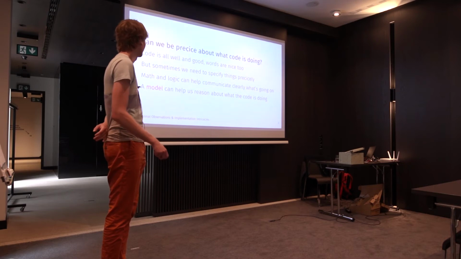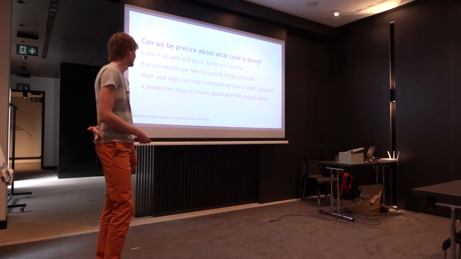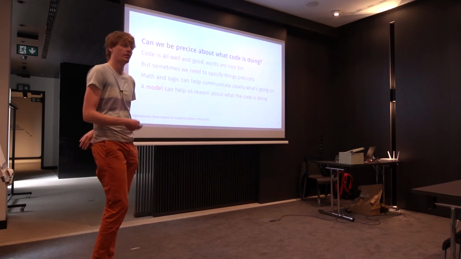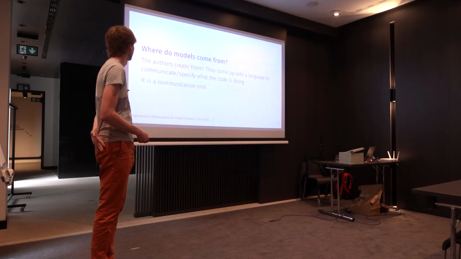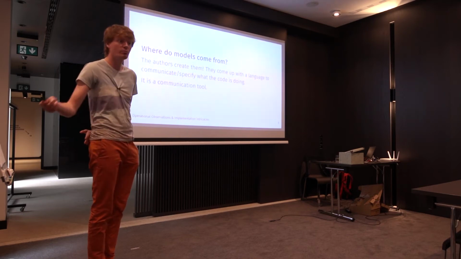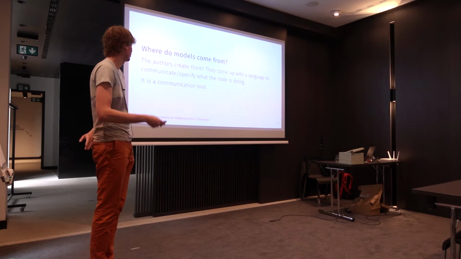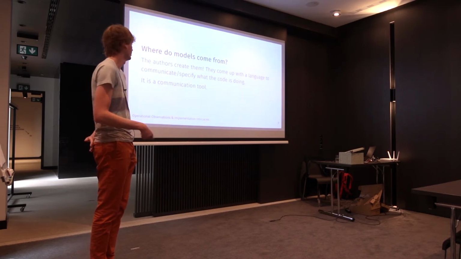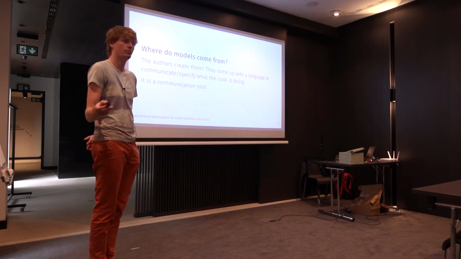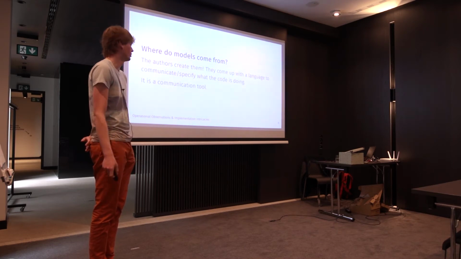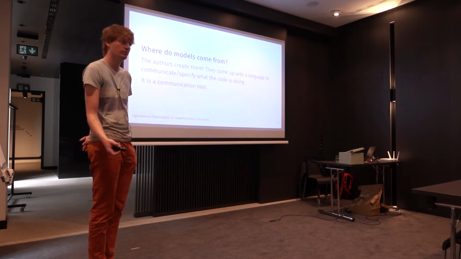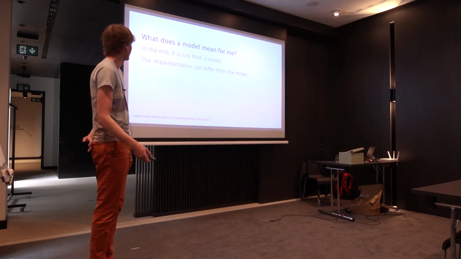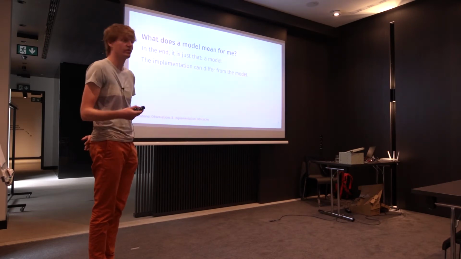This works by putting things in a model, and a model can help us reason about what code or an implementation is doing. And where do models come from? Well, the authors create them. They come up with a language, or they use a language, to communicate and specify what the code is doing. So a model is a communication tool. And in the end, it's just a communication tool.